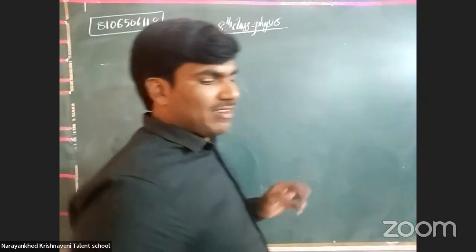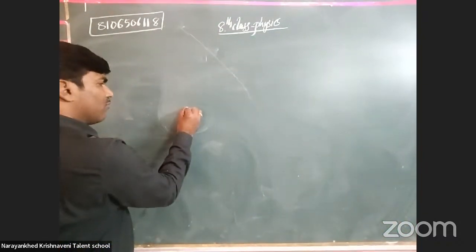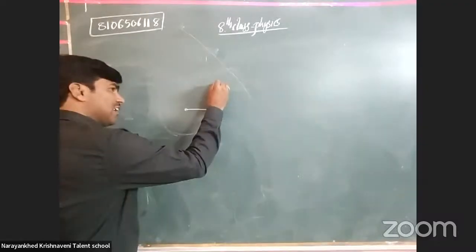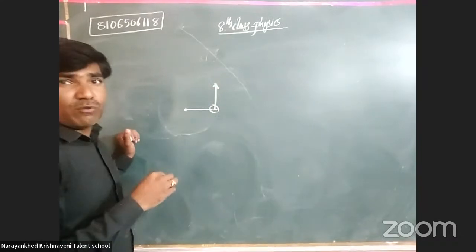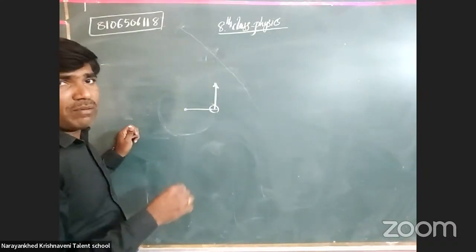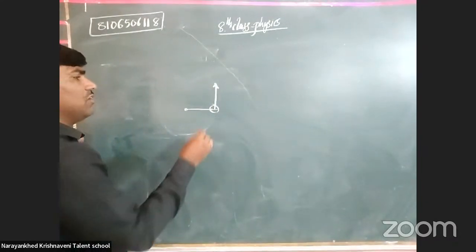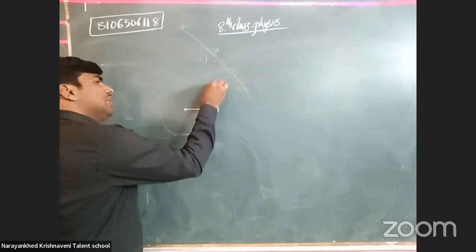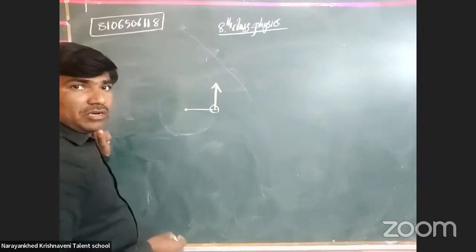All the students, please listen carefully. In circular motion, every time the body is not coming to circular motion, it tends to move in linear motion only.